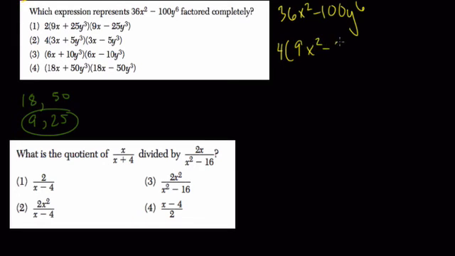9x squared minus 25y to the 6th. Okay, here, though, 9x squared and 25y to the 6th, those are both perfect squares. So 9x squared, take the square root of that, is 3x, right? This is all times 4. And then over here we have 25y to the 6th. So that means that the square root of that is 5y to the what?